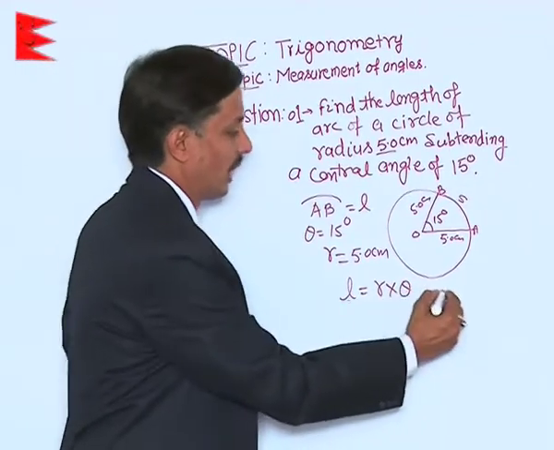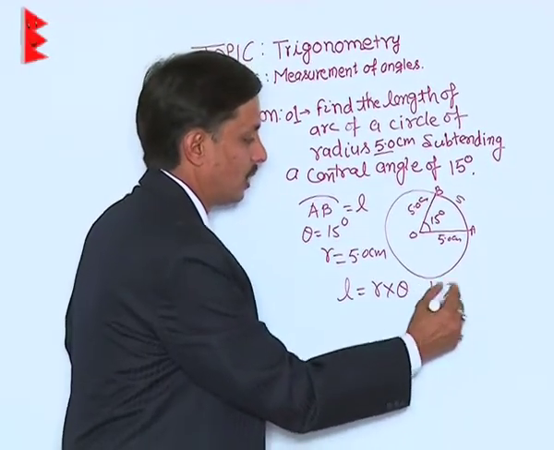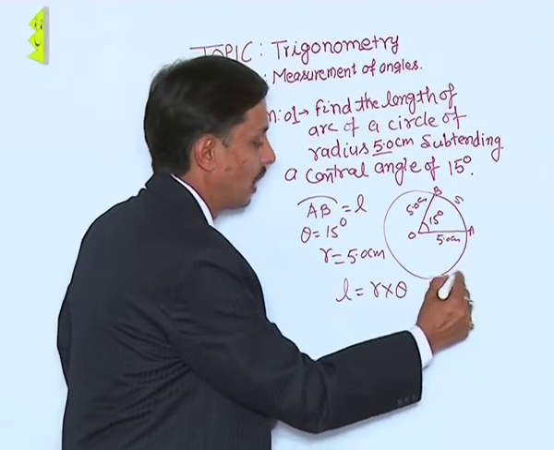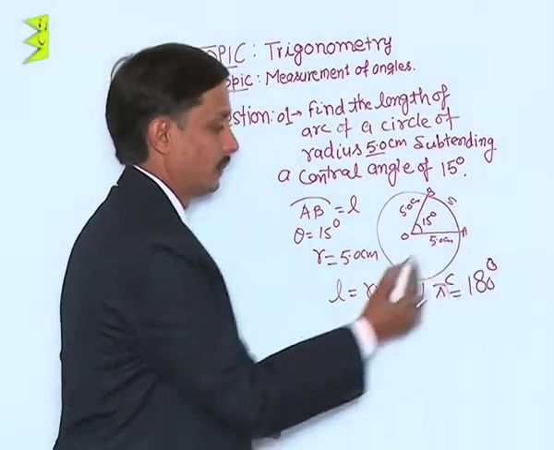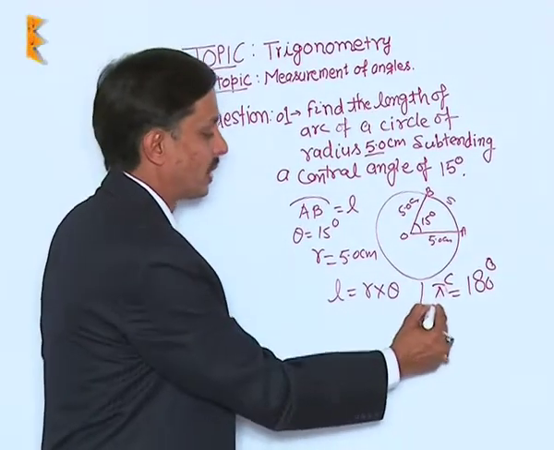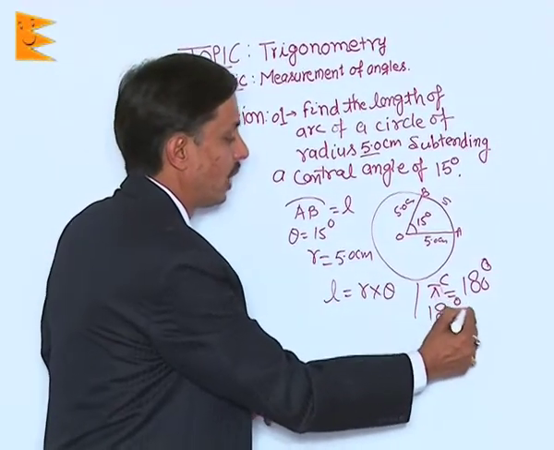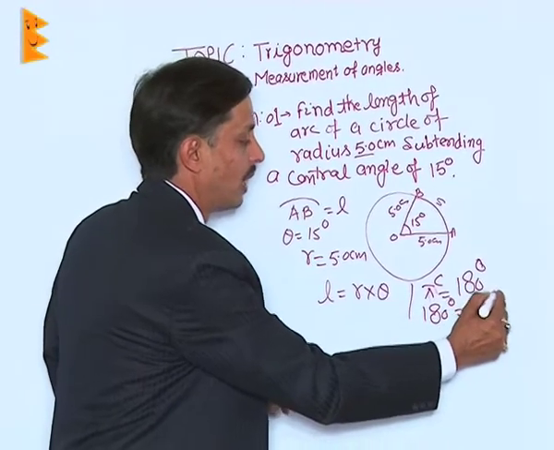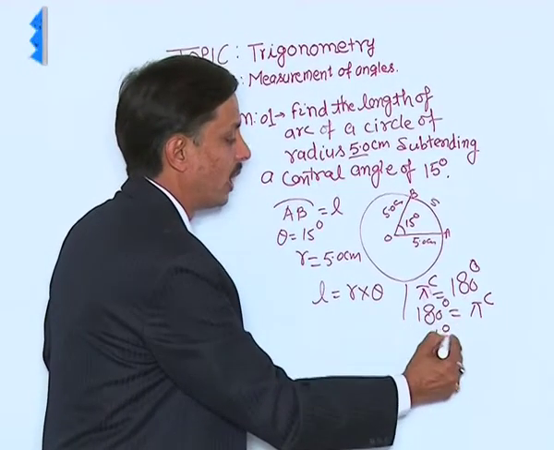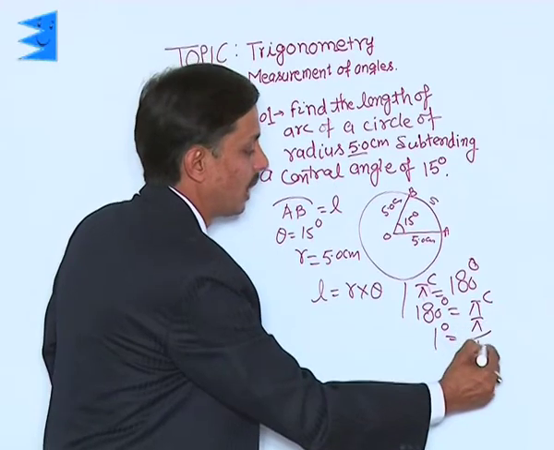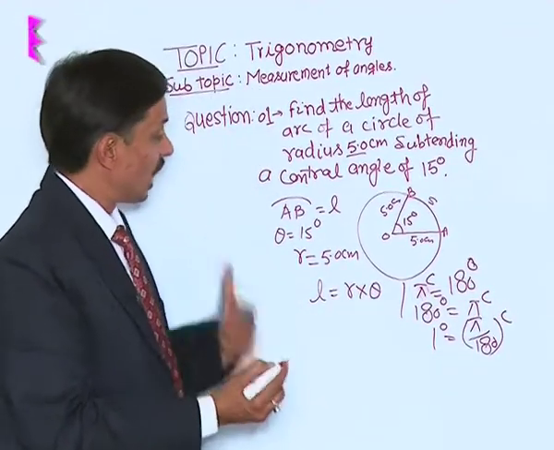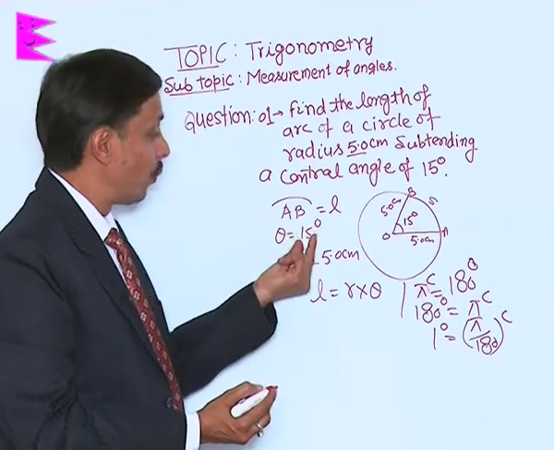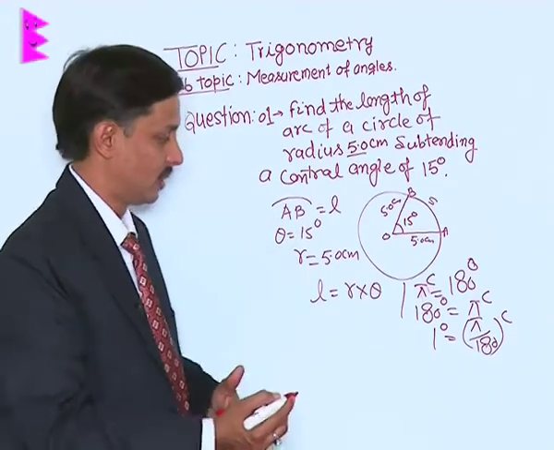To convert that, we have a relation: pi radian is equal to 180 degree. So vice versa, 180 degree is equal to pi radian, or 1 degree is equal to pi upon 180 radians.